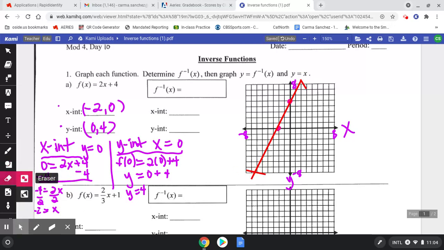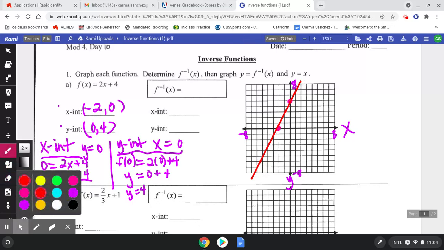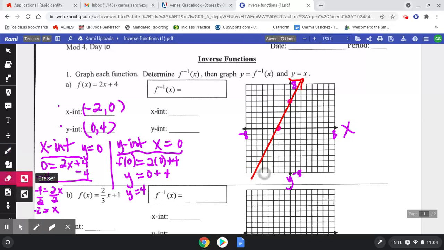And there's my arrows. So this is the graph of my original function f of x. So go ahead and label that red line f of x.